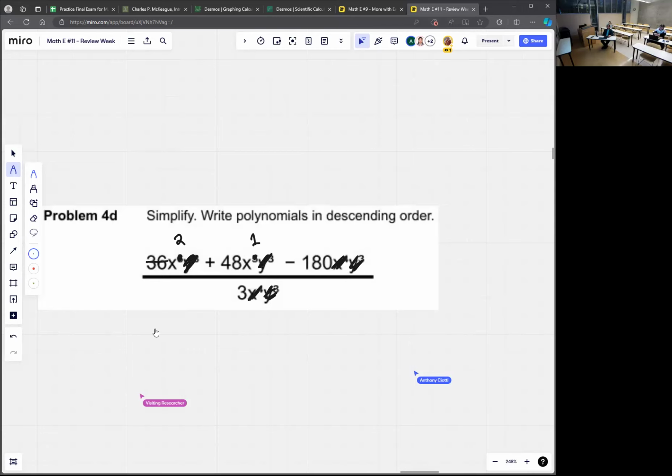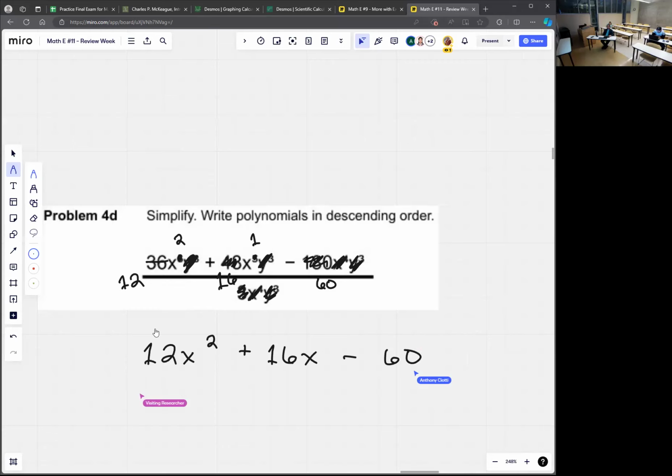Sure, so the 36 will become a 12. The 48 will become a 16. And 180 will become a 60, because you're dividing everything by 3. So I get 12x squared plus 16x minus 60.